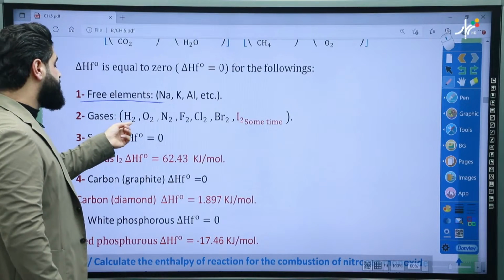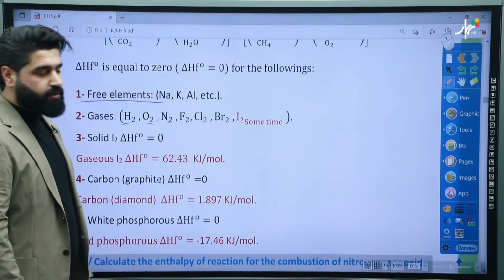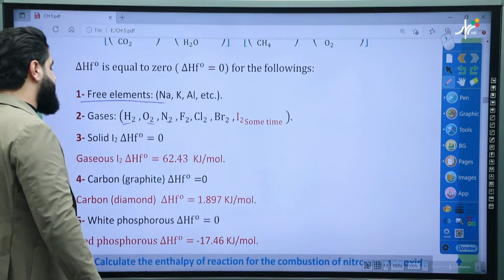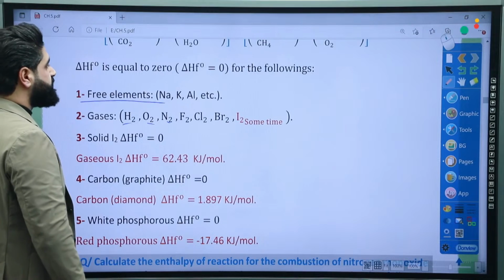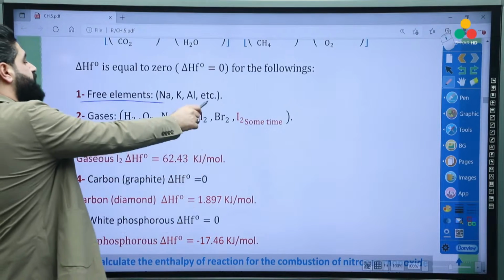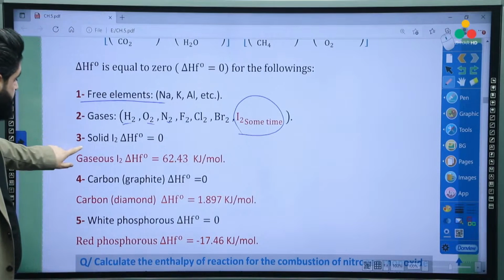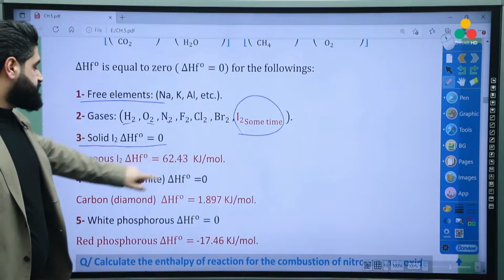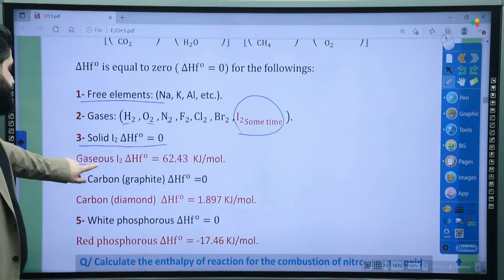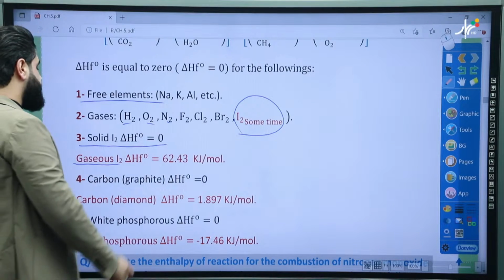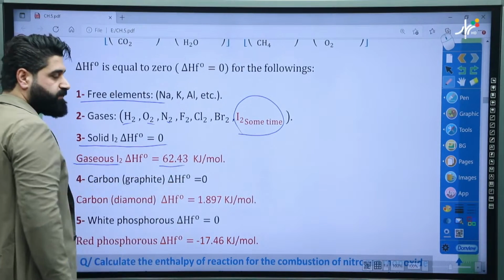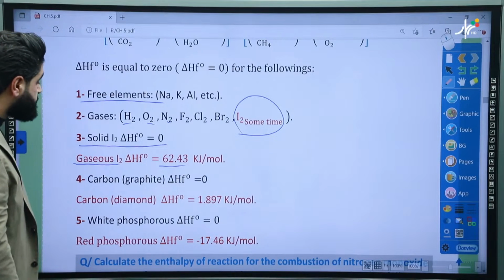Gases such as I2, O2, N2, chlorine, fluorine, bromine, iodine gas, they have zero value of delta HF, except I2 sometimes. Look, for solid I2, delta HF equals 0, but for gaseous I2, delta HF equals 62.43 kilojoule per mole.